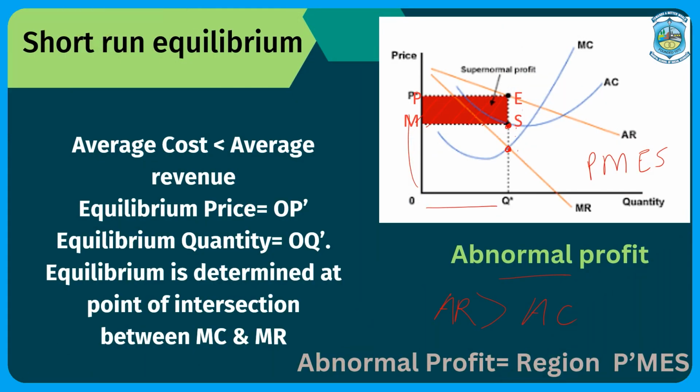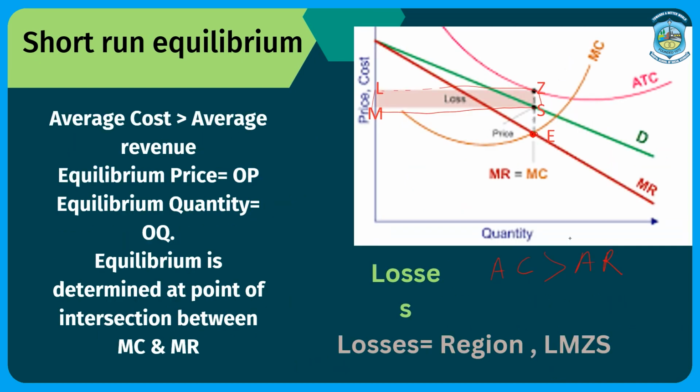Now talking about the abnormal profit. In abnormal profit, the average revenue is greater than the average cost. Now here in this case, OP is the equilibrium price and OQ is the equilibrium quantity. The region PMES represents the abnormal profit.